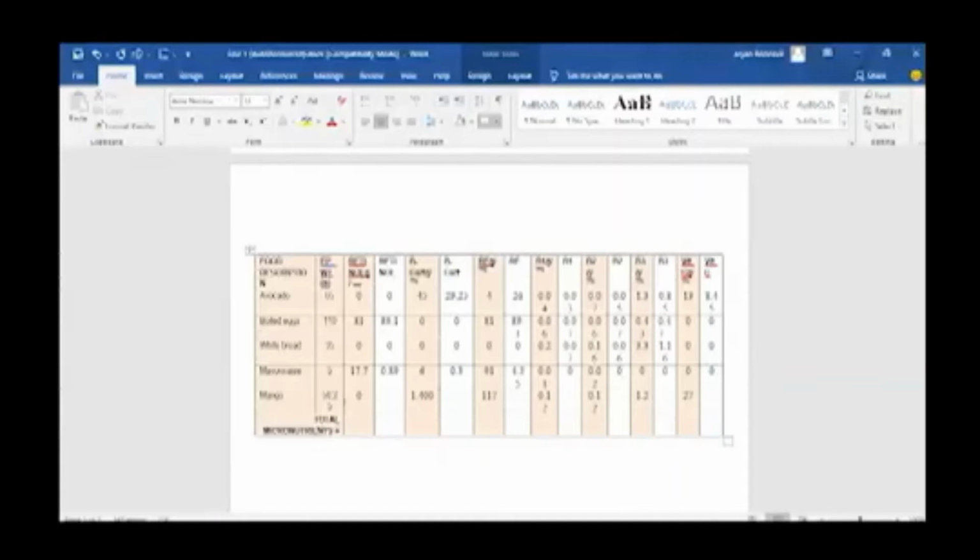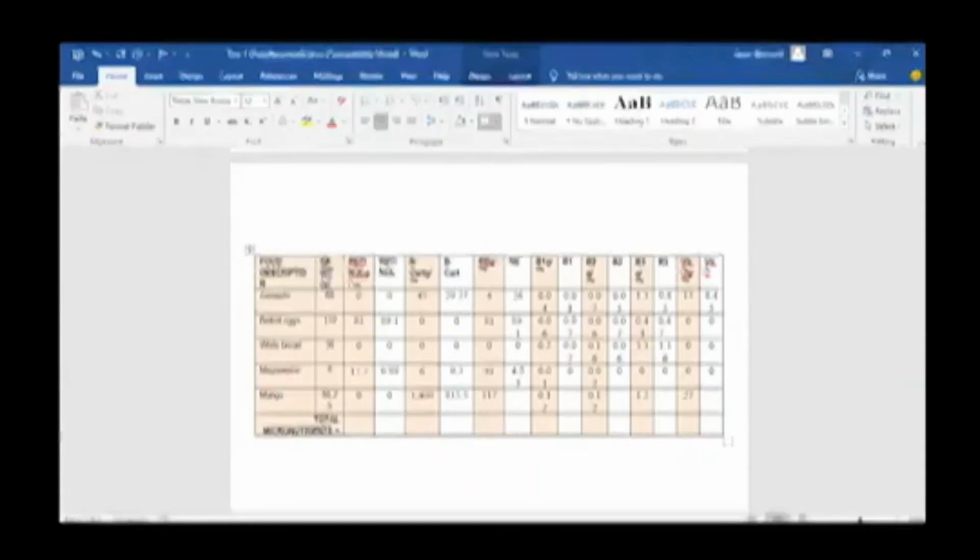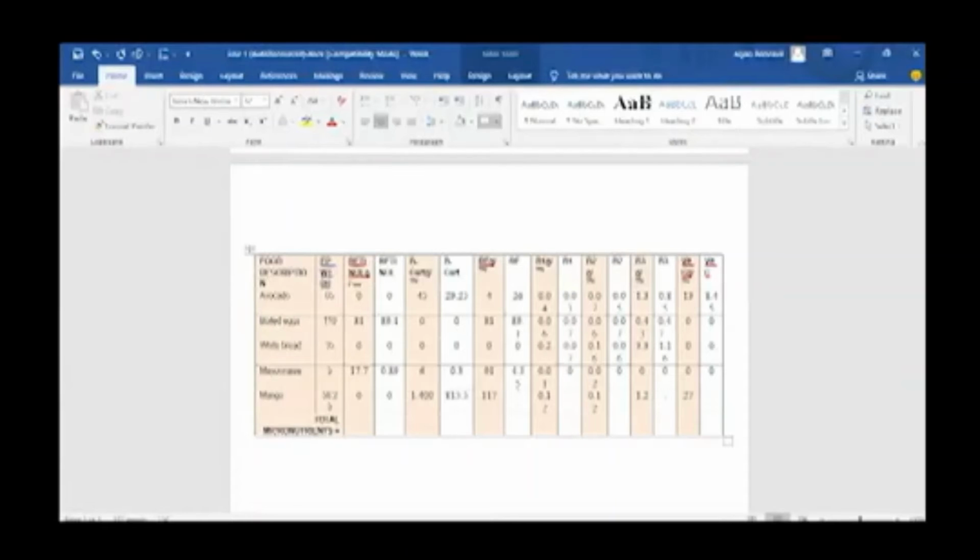And we have mango, 0 retinol, 1400 beta-carotene times 58.25 divided by 100 is equal to 815.5. Then next we have RE, 117 times 58.25 is equal to 68.15.